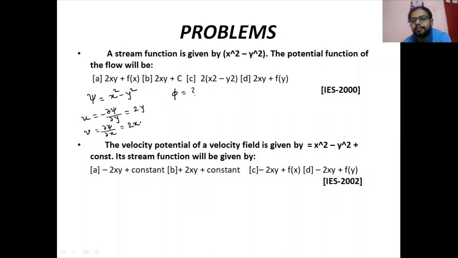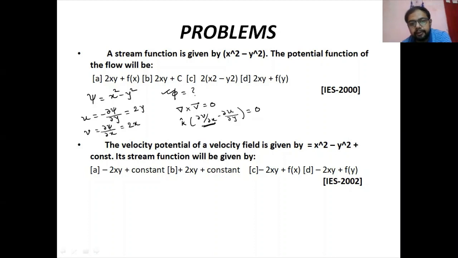Now the existence of phi. What is the existence condition? It should be an irrotational flow. Then only will it exist. So irrotational flow, for two-dimensional cases: dv by dx minus du by dy is equal to 0.